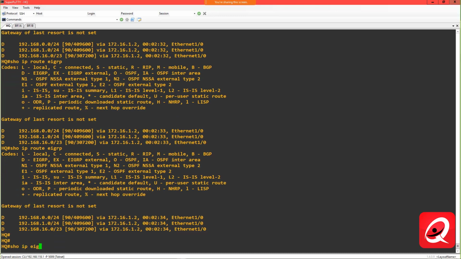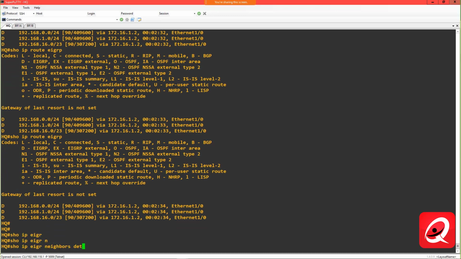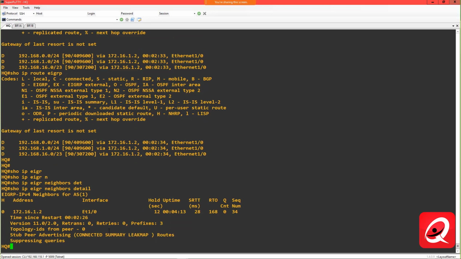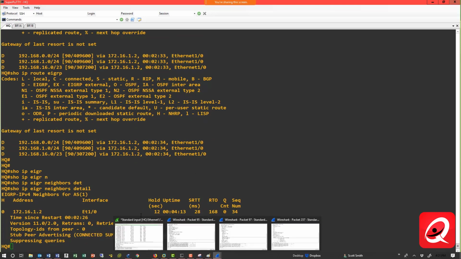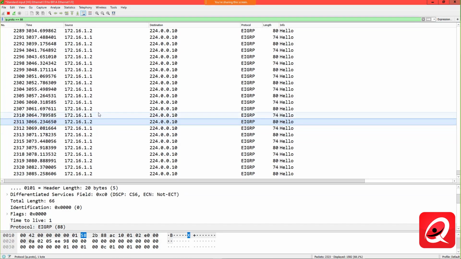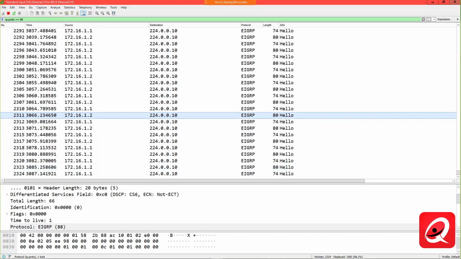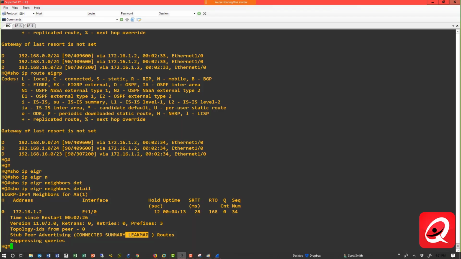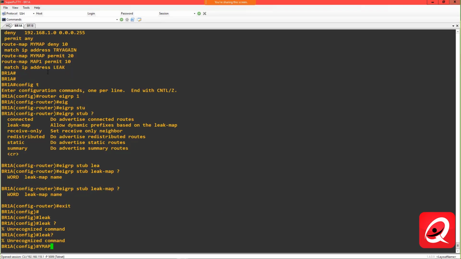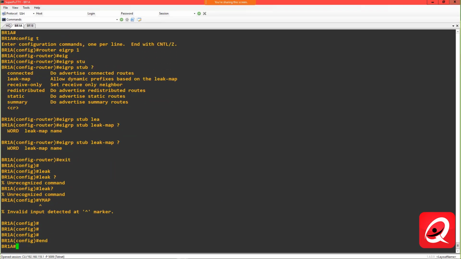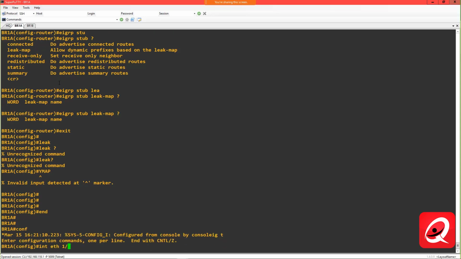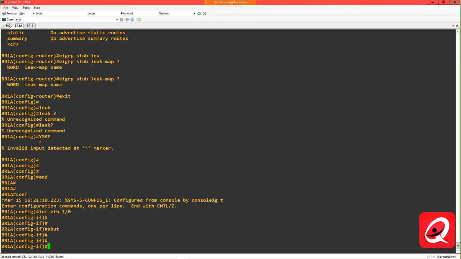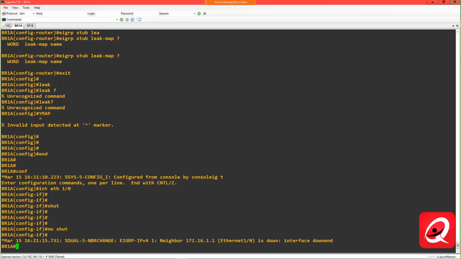Show IP EIGRP neighbor detail connected summary leak map. I'm sure I wouldn't really be able to see anything in. Well, I might be able to see something in the capture. I should see an update come out if I go into interface Ethernet 1.0 and do a shut and a no shut.